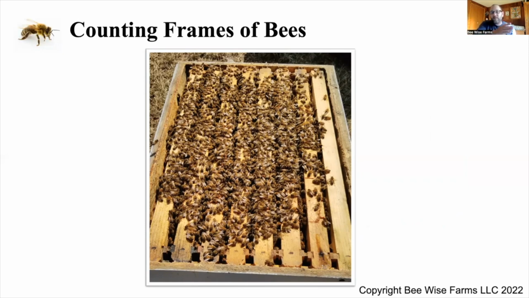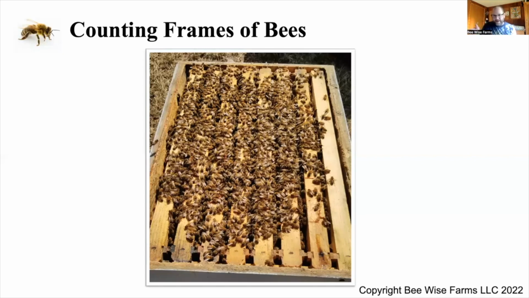And what I mean by counting the number of bees on frames is this. Let's look at this picture. You see this is an 8-frame hive. I'm going to count the number of frames of bees with you starting from the left. And what we're looking for, and this is just a ballpark, is the number of frames of bees that have bees on the front and the back of the frame, so both sides of the frame.